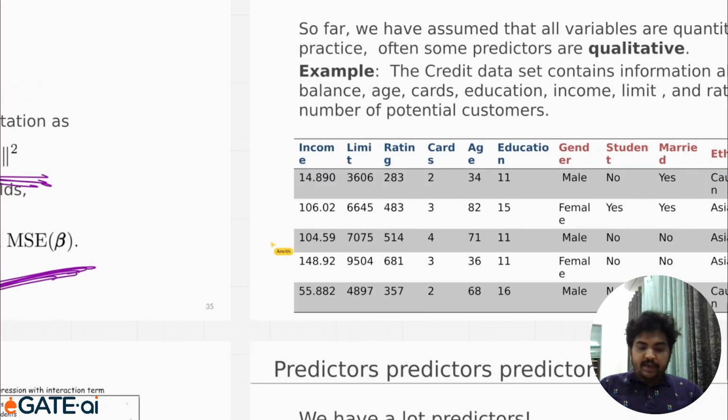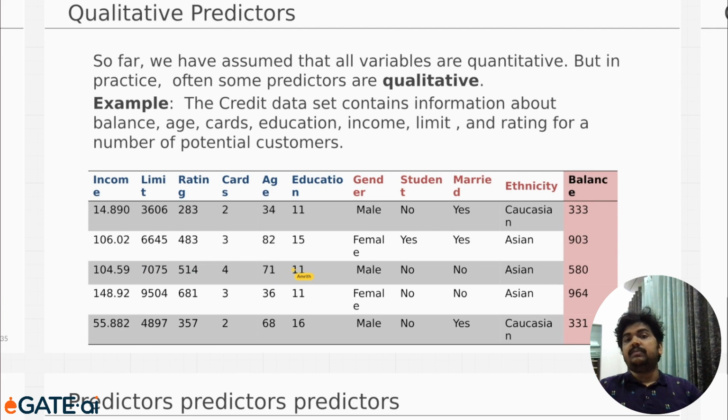Now so far we have assumed that all the variables are quantitative, but in practice often some predictors are qualitative. While we assumed everything to be quantitative, some of them can be qualitative.